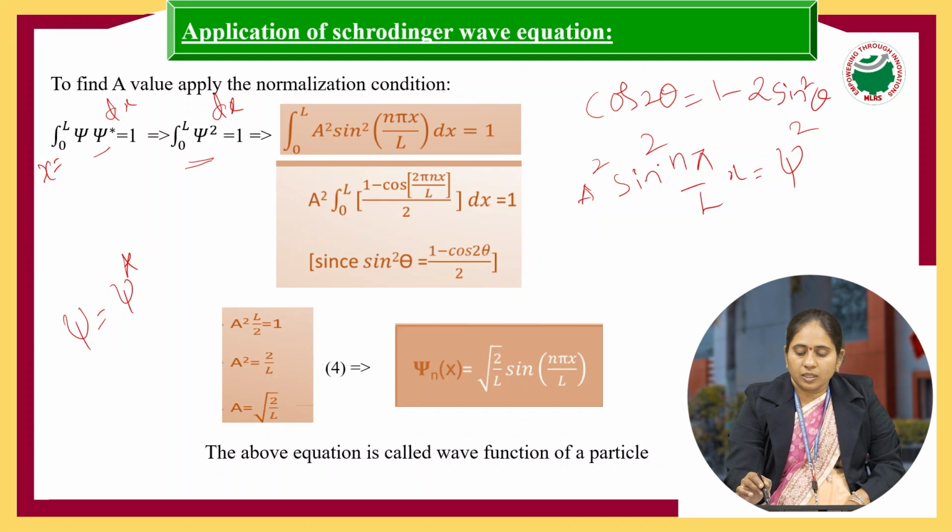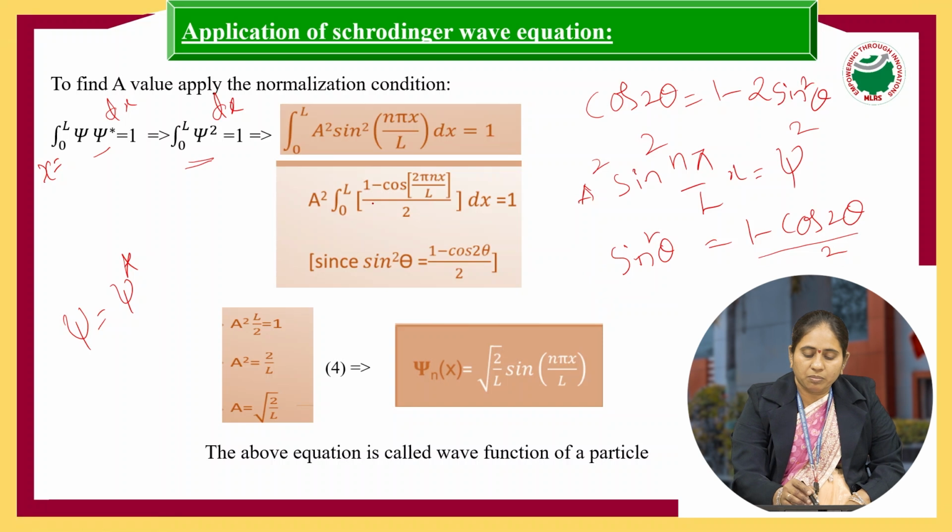So 2 sin square theta is 1 minus cos 2 theta, and sin square theta is (1 minus cos 2 theta) by 2. So sin square theta can be written as 1 minus cos (2 n pi by L into x) dx, whole divided by 2. Now by integrating this equation, you will get A square into L by 2 equal to 1, and A is equal to under root 2 by L.